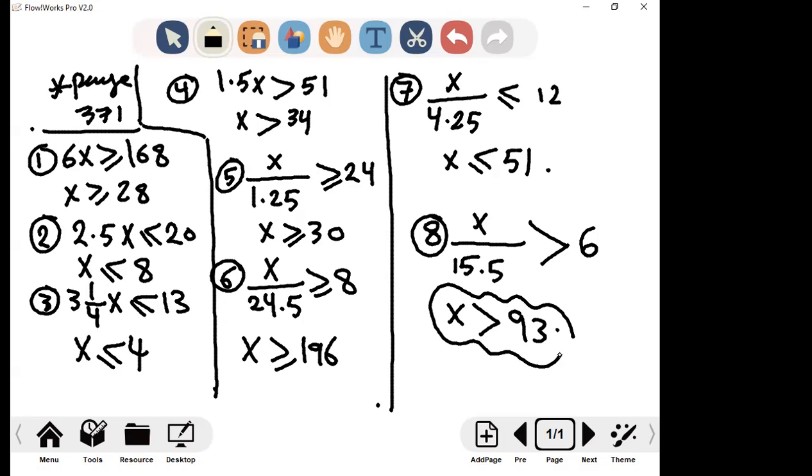It's more than 93, right? 93.5, any value more than, assume 95. So if she has $95, divide 95 by 15.5, it will be a number more than 6. But if she has $90, she will have gifts less than 6, which is not wanted in the question. Got it?